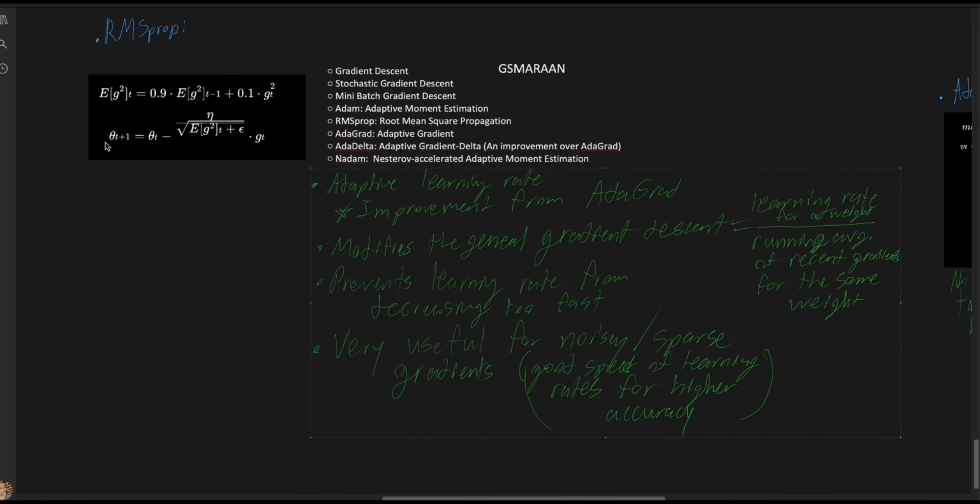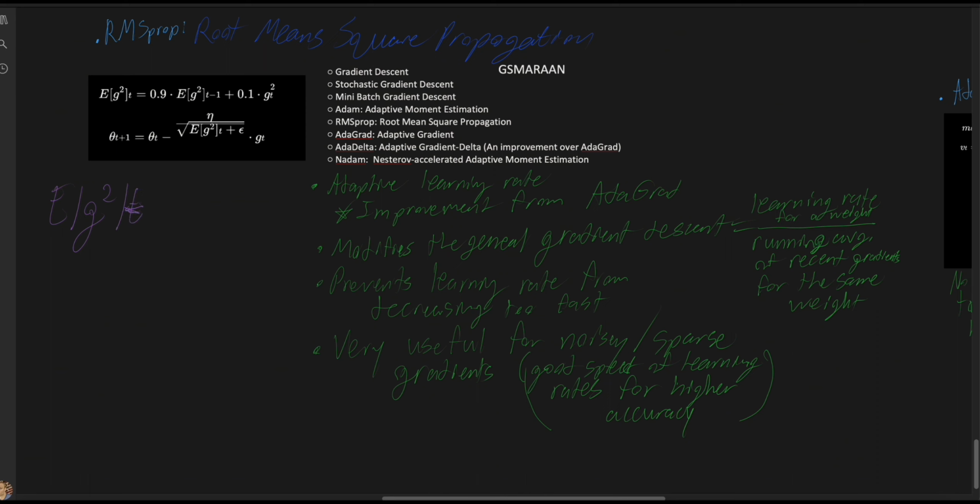And to go over the symbols for root mean square propagation, the following symbols will be: E of g squared with the absolute value with respect to time, which is the running average of the squared gradients.